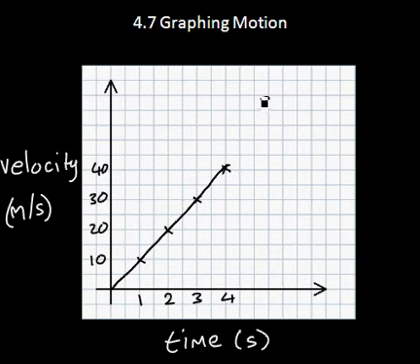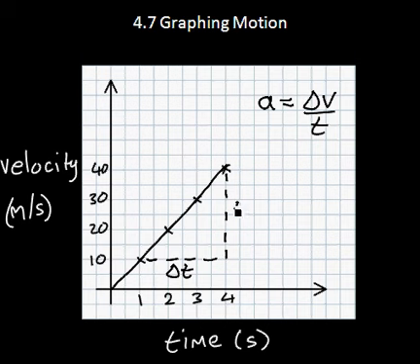And if you remember that acceleration is defined as change in velocity divided by the time, then for this example, let's look at the time interval between 1 and 4 seconds. So the time interval, delta t, is the run, and the change in velocity, delta v, is the rise. So again, acceleration on this graph is the rise over the run, which is the slope of the graph.